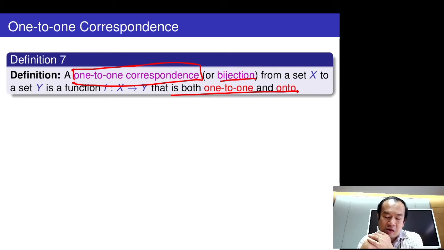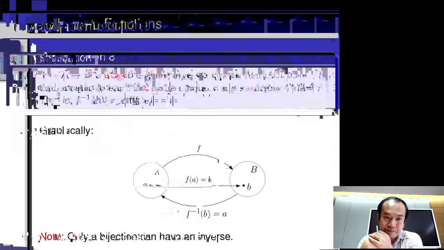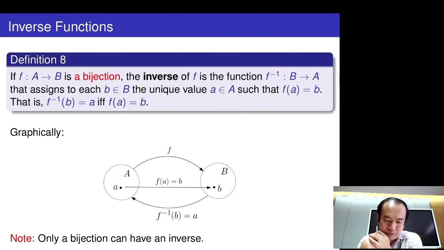Next is inverse function. Okay. An inverse function is a function that maps the element in the codomain back to the domain.